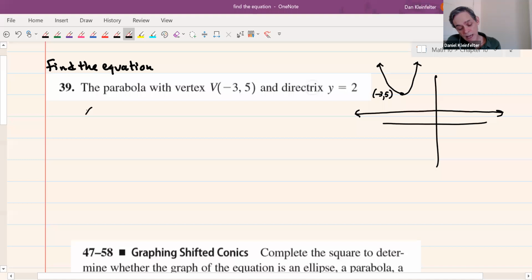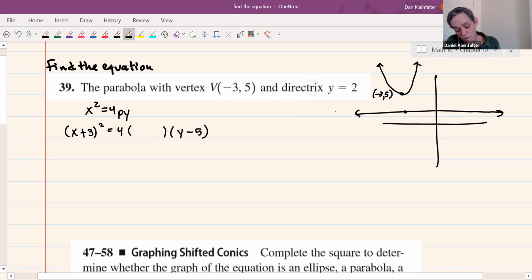So it will be x squared equals 4py. The vertex is at an x coordinate of -3, so we'll have x plus 3 squared. The y coordinate was at 5, and so that was upshifted by 5. We'll have y minus 5. And then for the p, I think we did this before, but repetition is a good thing.